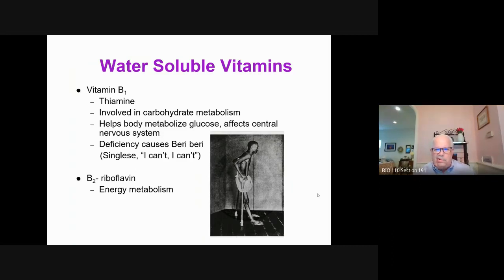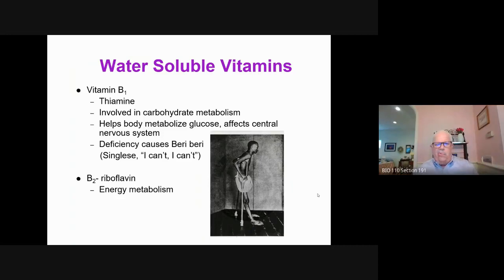It affects your central nervous system. A deficiency of thiamine will give you a horrible neurological disease called beriberi, the inability to walk. The word beriberi comes from the Sinhalese dialect, and it means I can't, I can't.